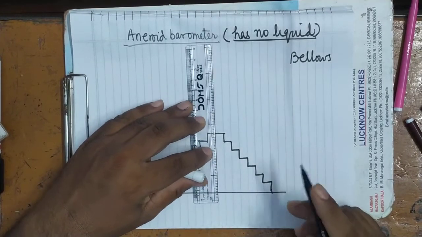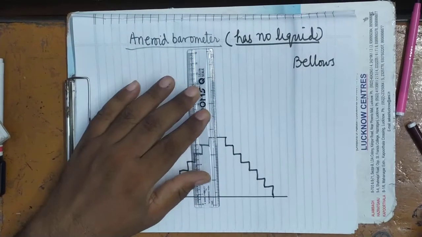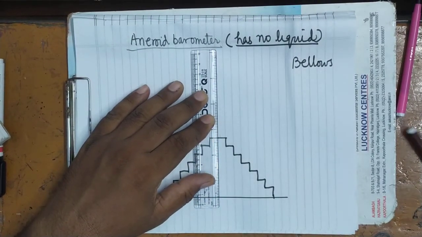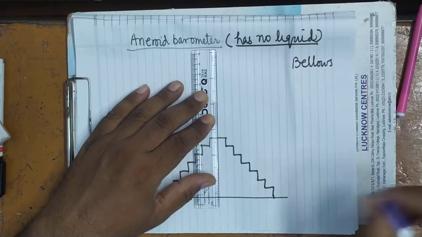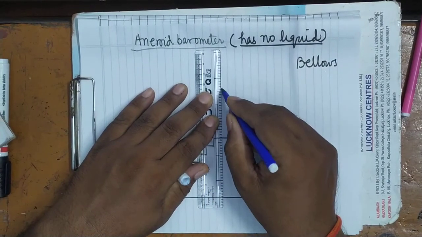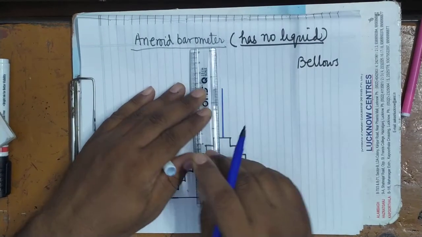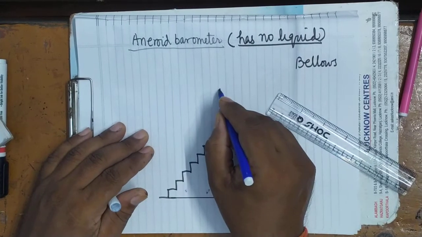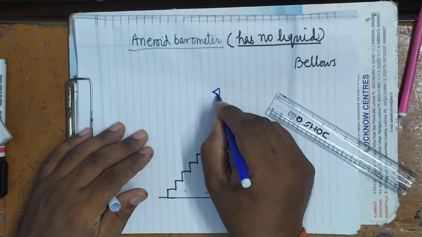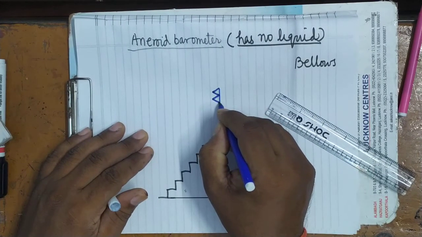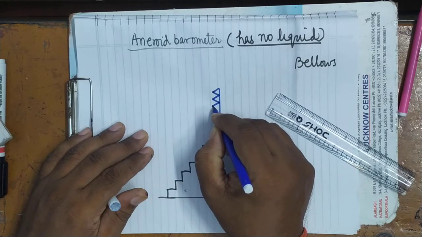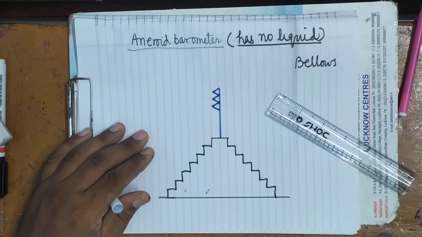Now here there is a vertical rod which is fixed at its top. The top end of this vertical rod has teeth. It is clear.